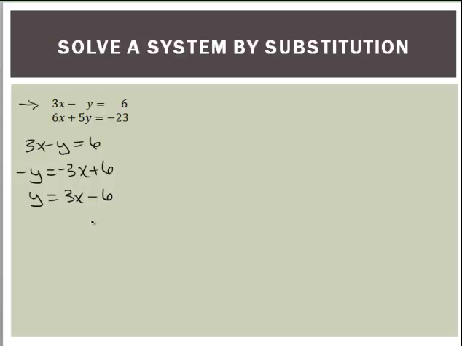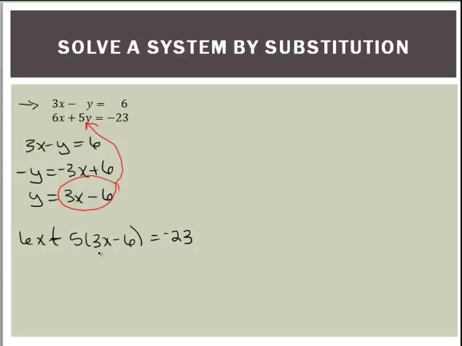Now that we have one equation solved for one variable, we take that and substitute it back into the other equation. Okay? So we're going to have 6x plus, that's a plus by the way, 5 times 3x minus 6 is equal to negative 23.